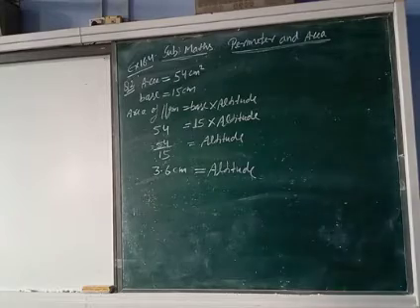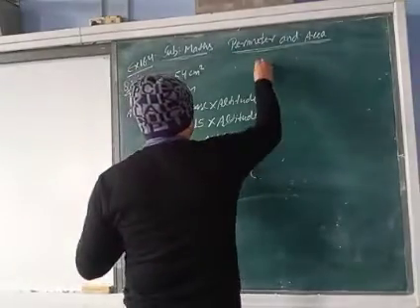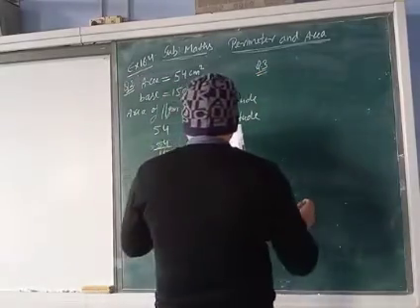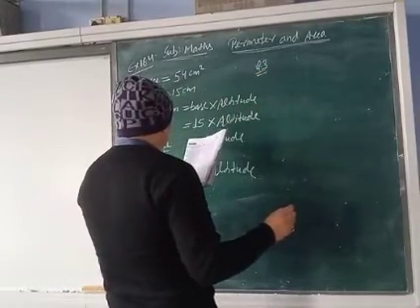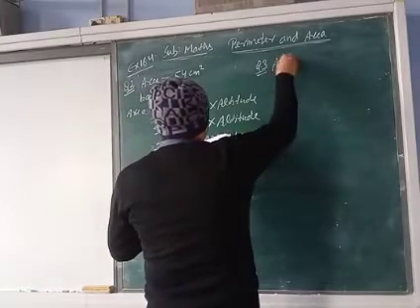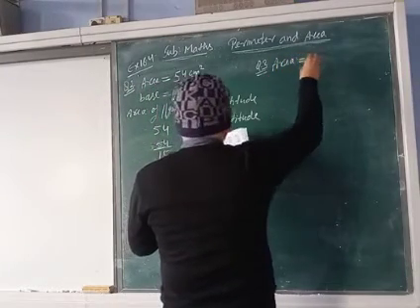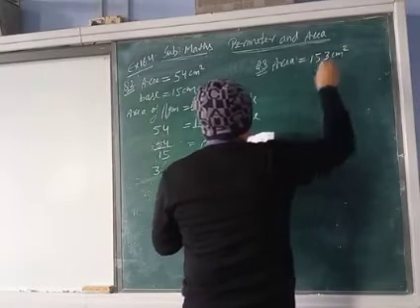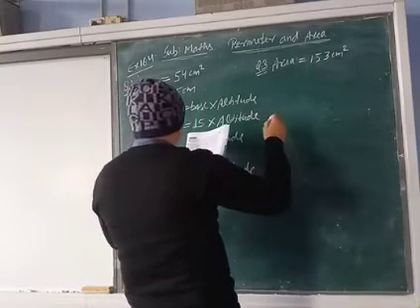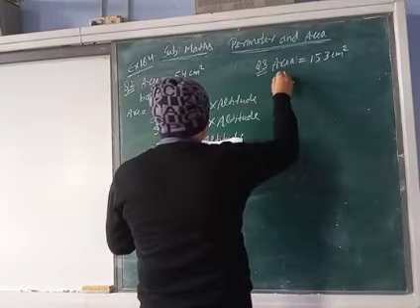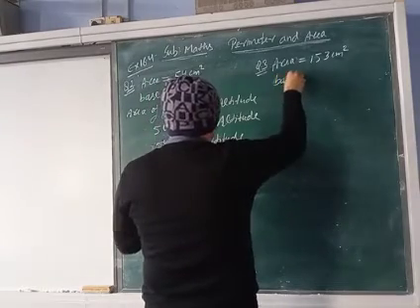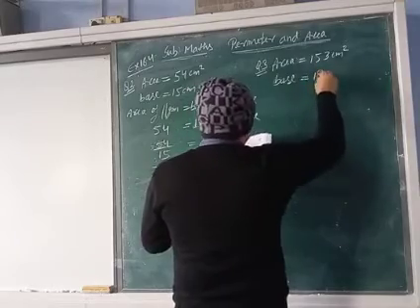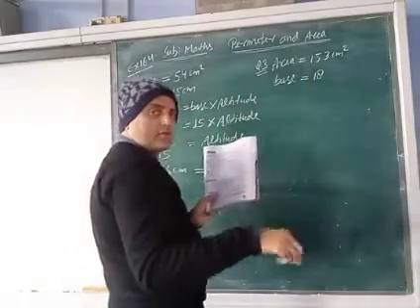See, one more question. Question number 3. Again the same question, only a few points are different. In this also the area is given, 153 centimeter square, and the side, meaning the base, is 18 centimeter. Then we have to find the distance between the base and the opposite side.